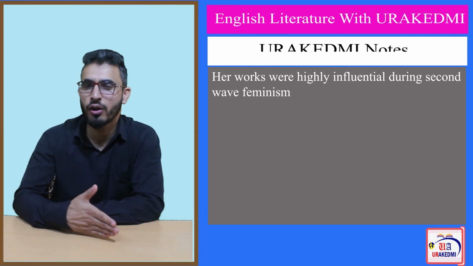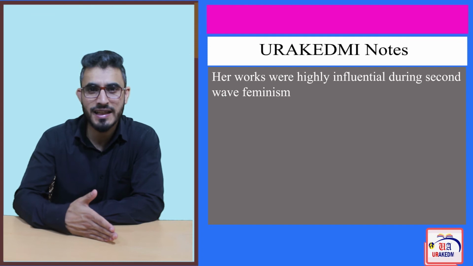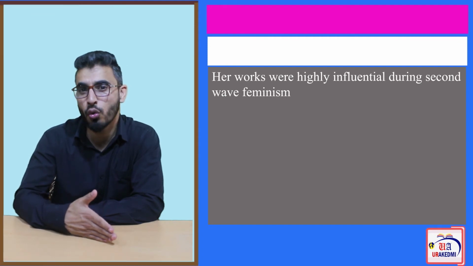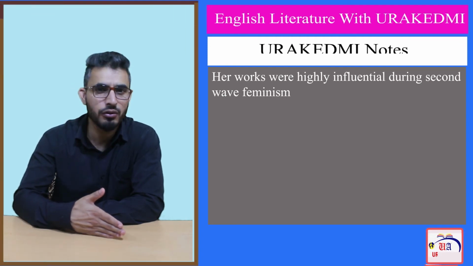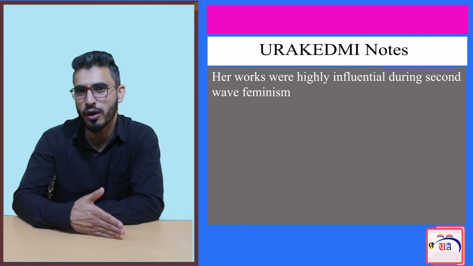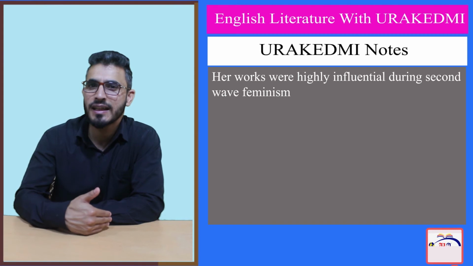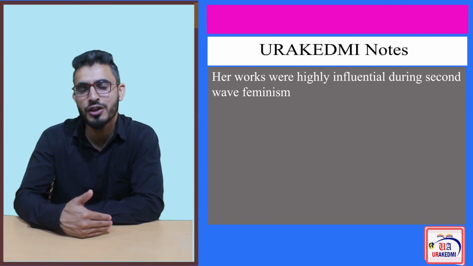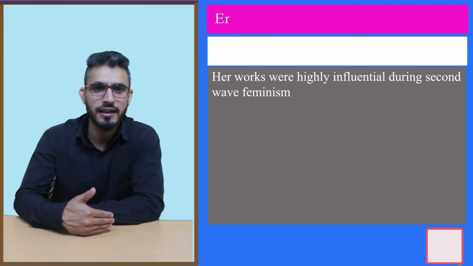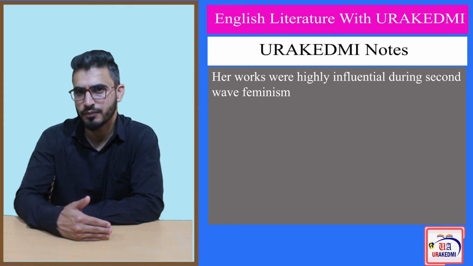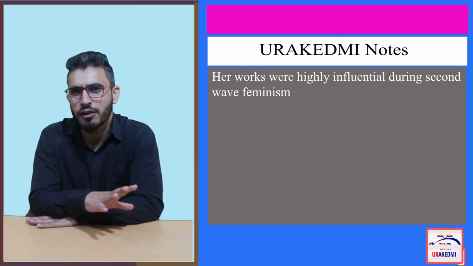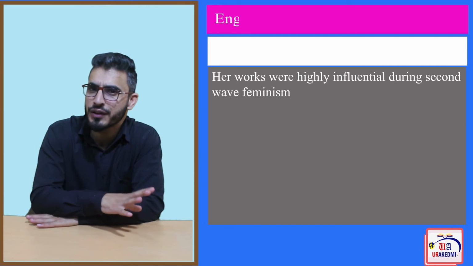So she, in A Room of One's Own, suggests that a woman needs only a room of her own and a few guineas or pennies in her pocket to write. And if a female is given these rights, they can excel in the literary field also, like men.